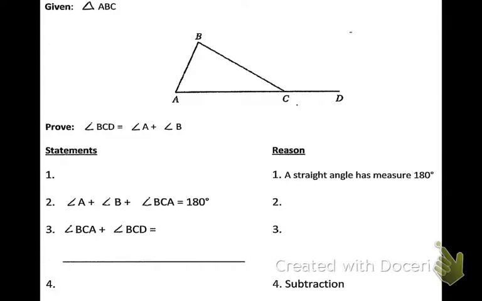Given triangle ABC, we have to prove angle BCD equals A plus B. So, what would I want to say for a statement that goes with the reason a straight angle measures 180? What could I say there?